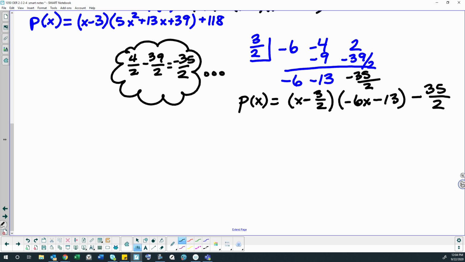So there's an answer with a bunch of fractions in it. If we didn't want all those fractions, we could honestly just go back to the original problem and multiply everything by 2. Okay.